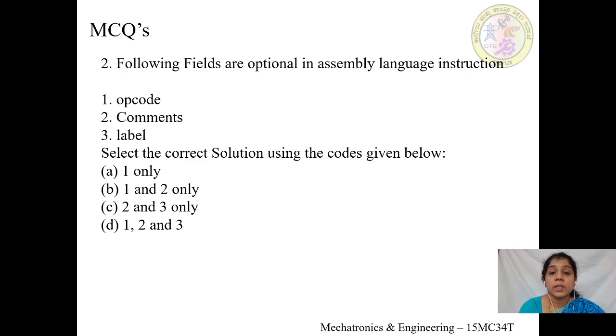What are the optional fields in assembly language instruction? Yes, optional fields are comment fields and label fields. So what is the correct answer? Correct answer is option C, where it has 2 and 3 only, comments and label. So these are the optional fields.